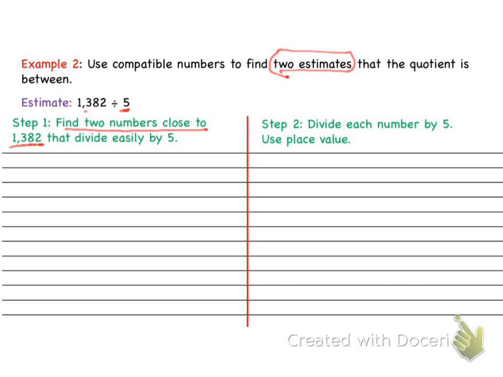Well, when I think about numbers that are divisible by 5, once again I go through 5, 10, 15, 20. I don't really want to have to do this all the way up to 1,320. But I can see I got 10 here. So I know 10 divided by 5 is 2.